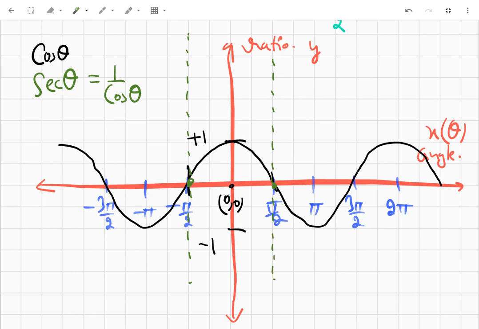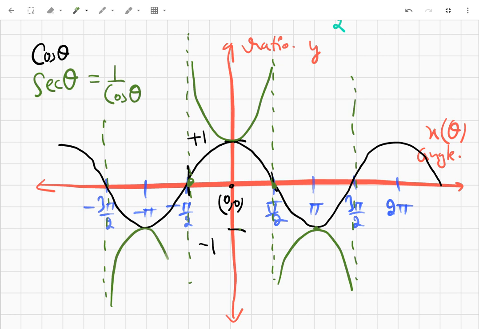And secant theta will be like this. I'm not sure if this shape is accurate. It's just very vague. This point touches. This is a part of the range. Okay. Similarly, this side, asymptotes. Okay, so this is secant theta.